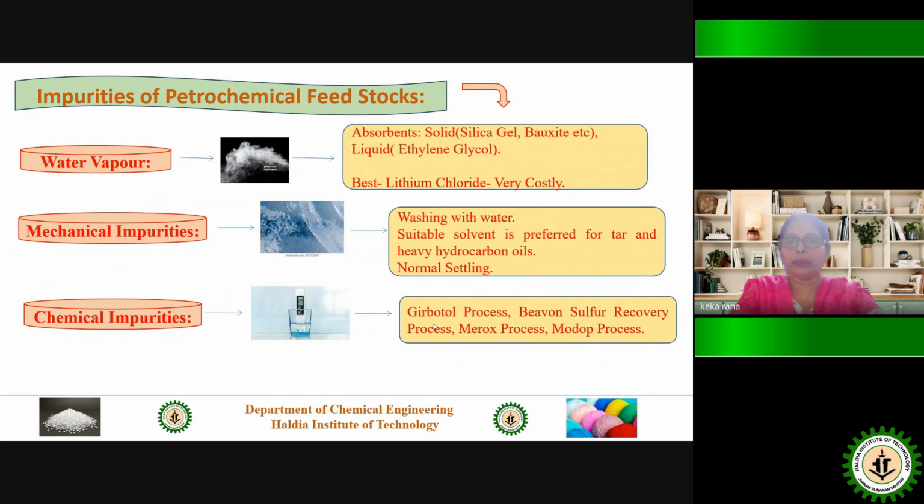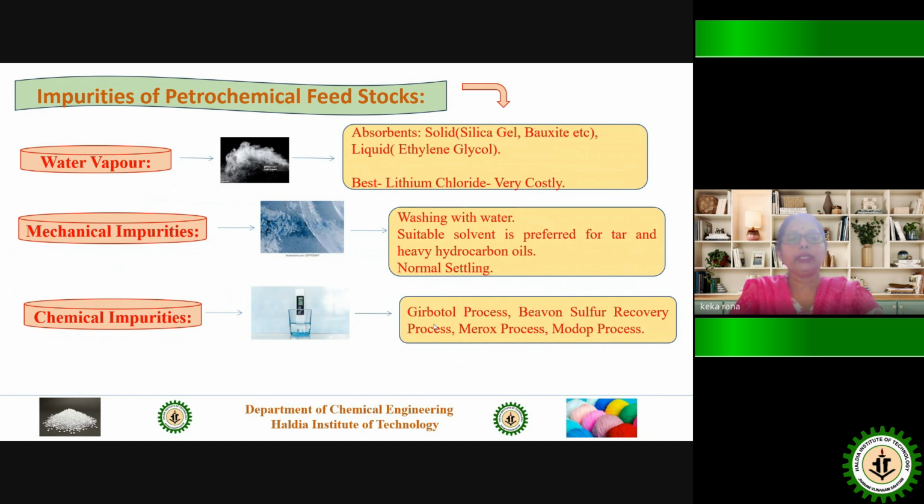So we have to apply a suitable solvent for some tar and for some heavy hydrocarbon oils to remove the mechanical impurity. In another case, depending upon the particle size, if it is large enough to settle in a reasonable time, we can go for normal settling. And again it is a very economical process.